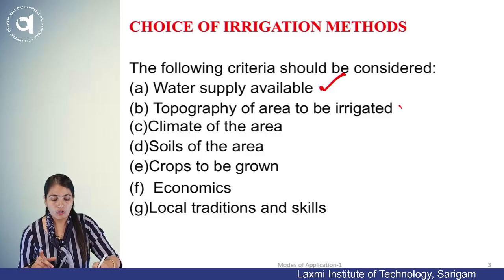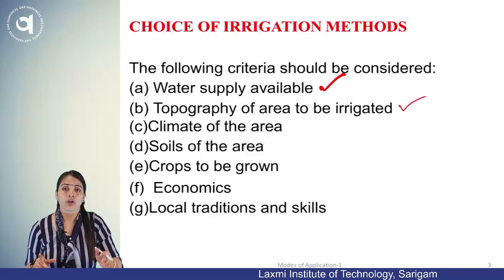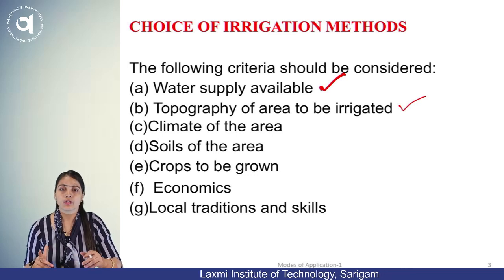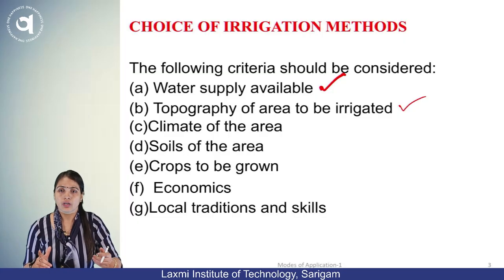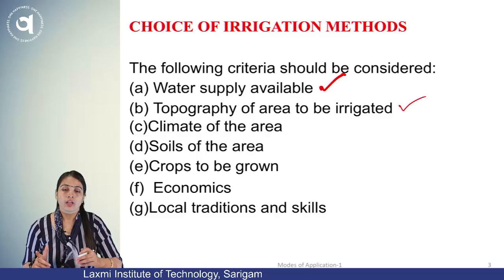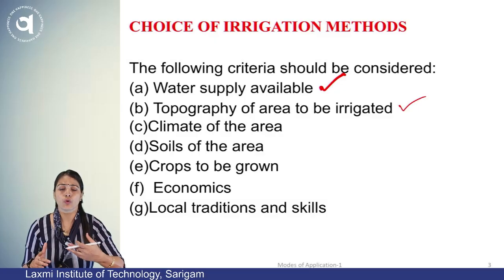Then the topography of the area to be irrigated, meaning whether your area is plain, hilly, mountainous or steep. The following types of irrigation methods we should adapt. For example, if you have a hilly area, then we don't go for surface irrigation, because if you flood water on the surface, it will flow side by side and the runoff will go faster.